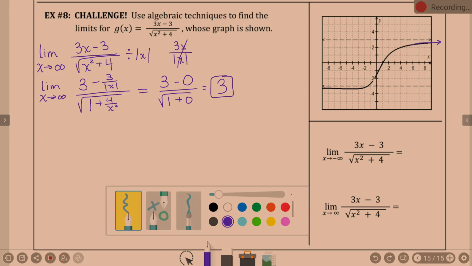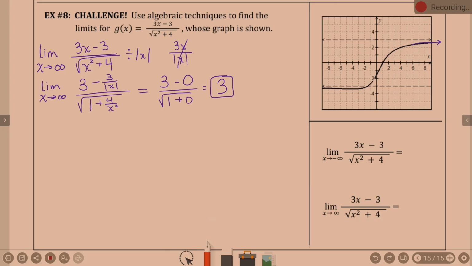Now, alternative. What if x is approaching negative infinity? Okay, you're still dividing by what? You're still going to end up dividing by absolute value of x where appropriate. Now, what's going to be different this time?